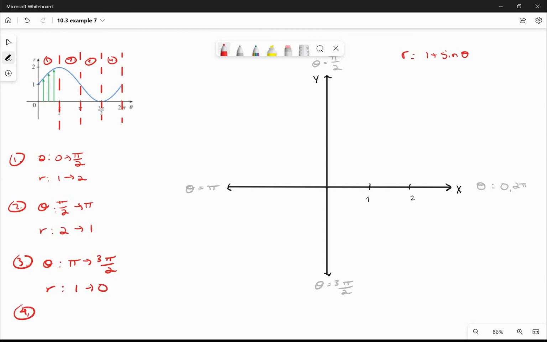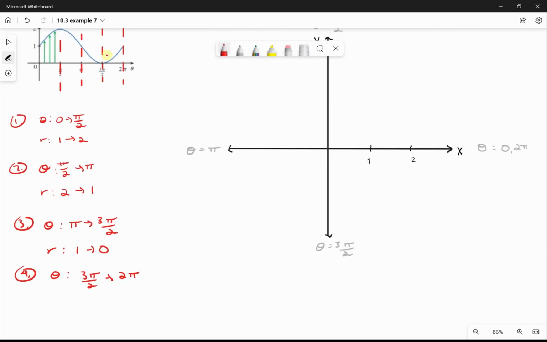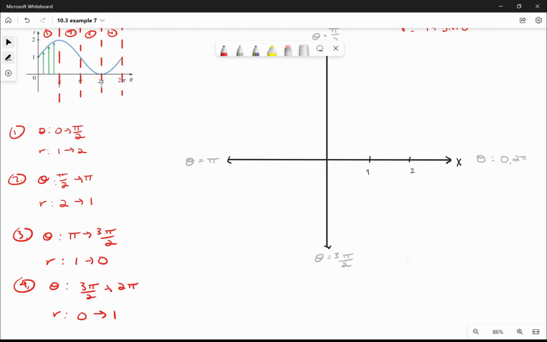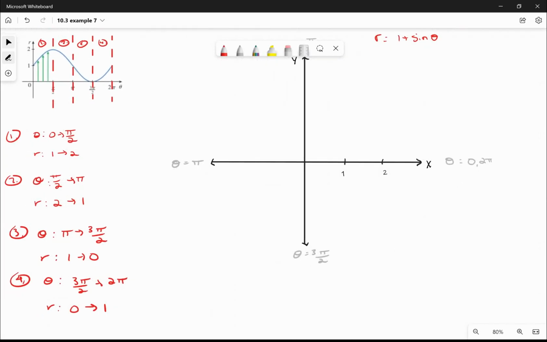And on this last little section, theta going from 3 pi over 2 to 2 pi, r is going to go from 0 back up to 1. Okay, so we can look at this in sections.